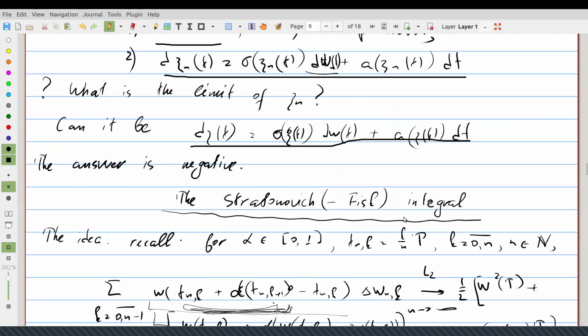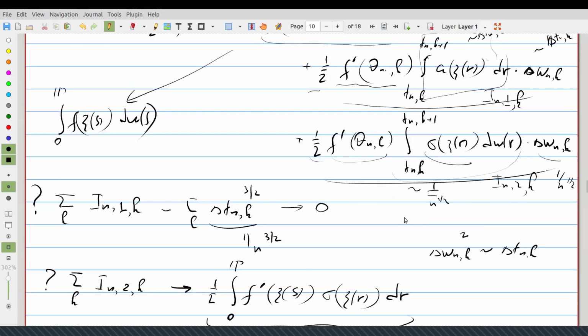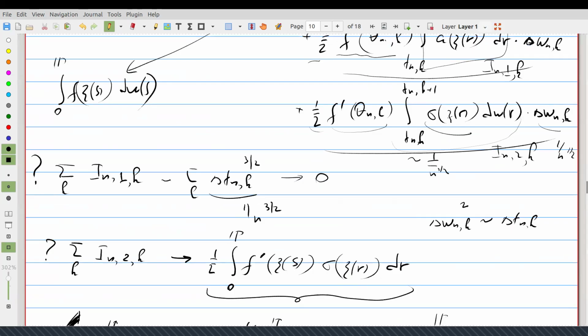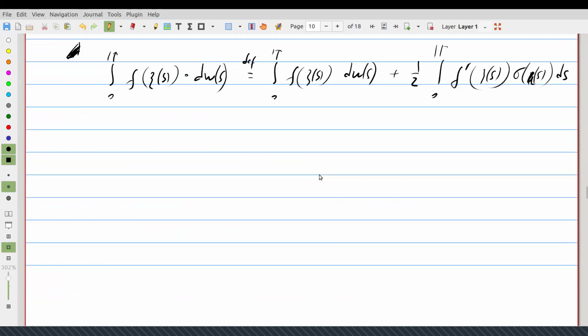Effectively, sigma just depends on s, so here should be sigma of r, just, and sigma of r. And effectively, one can actually define, again, by definition, this is.